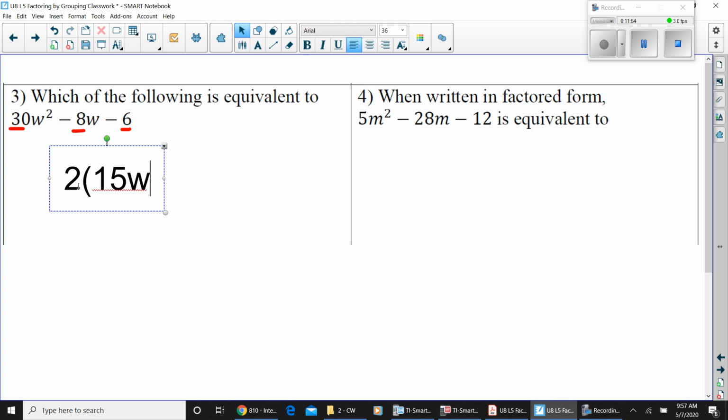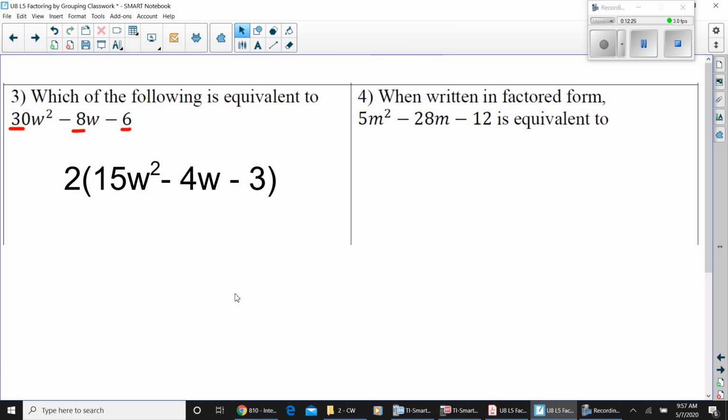That W is going to stay squared, and then 2 times 4W, and then 2 times 3. Spread that out. And that's what we have.